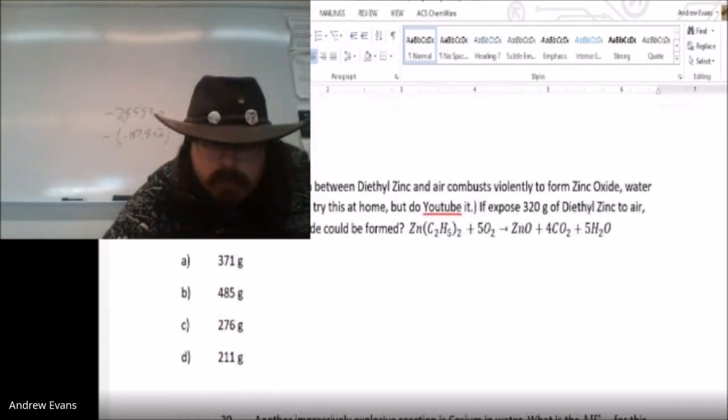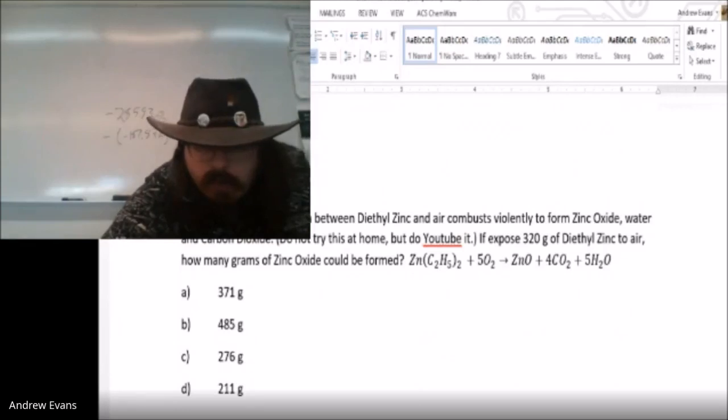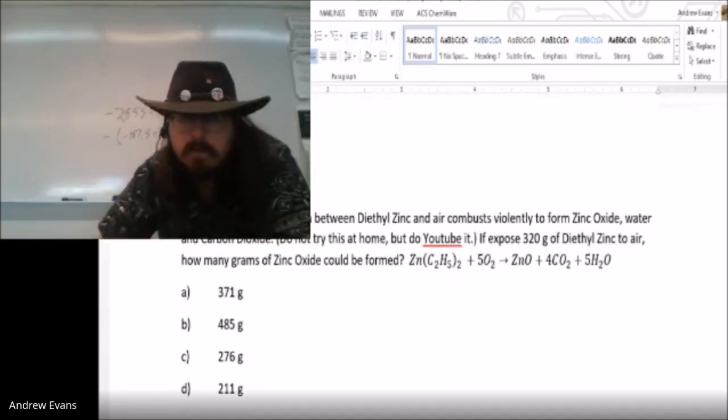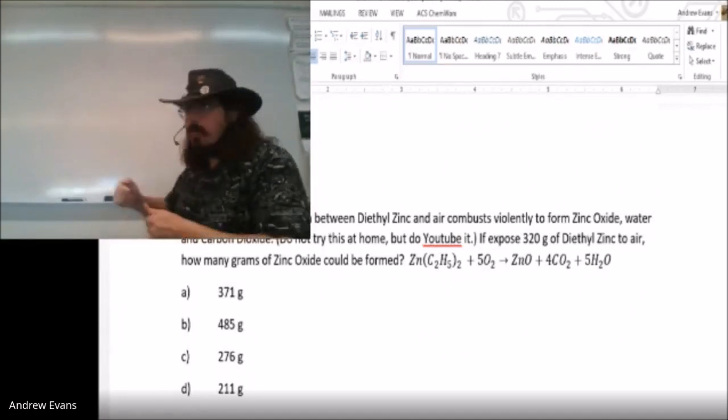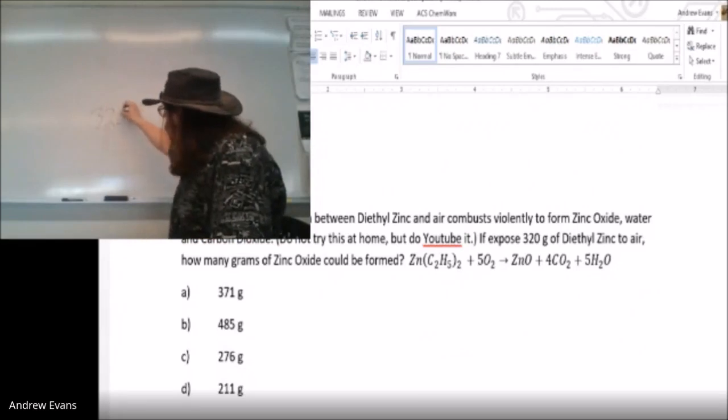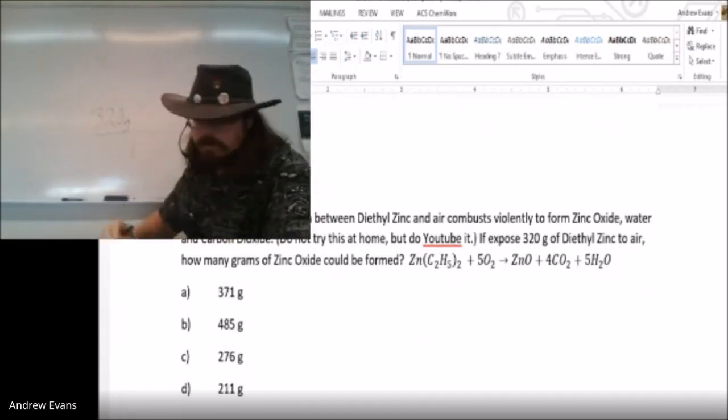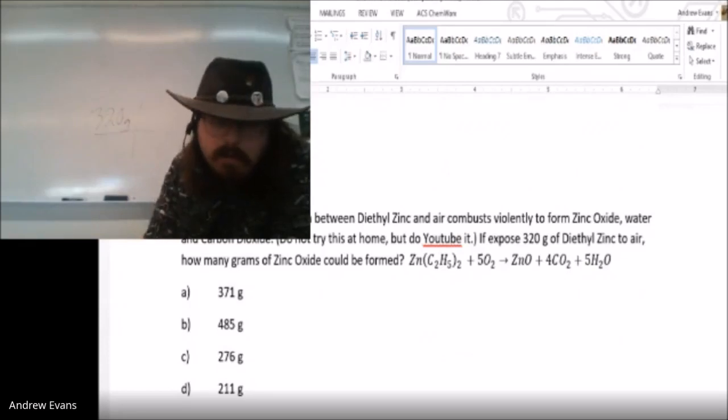Last two. Okay. Diethyl zinc and air combust violently to form zinc oxide, water, and carbon dioxide. If you expose 320 grams of diethyl zinc to air, how many grams of zinc oxide could you form? So, grams to moles to grams. So 320 is my starting number. Zinc is 65.4. Carbon is 12, there's 4 carbons. Hydrogen is 1, there's 10 hydrogens.